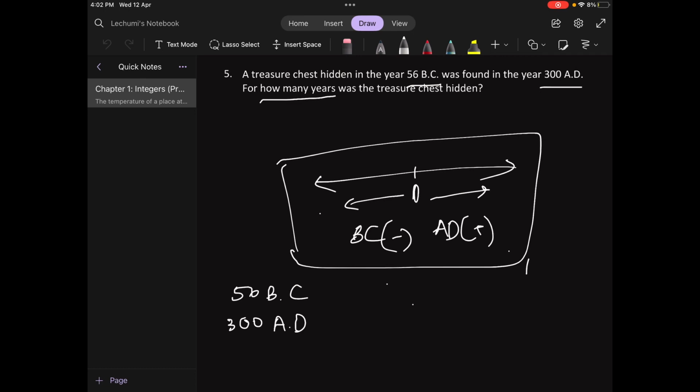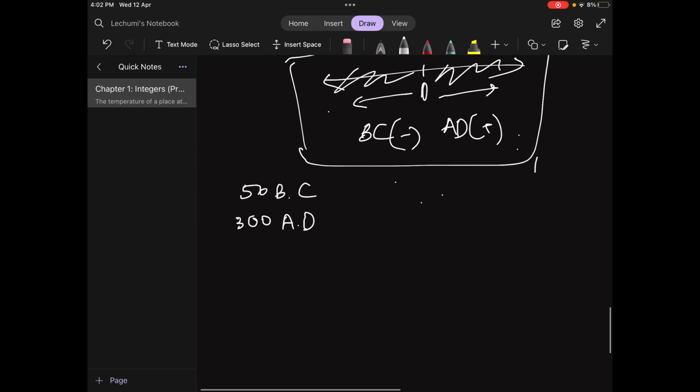So larger number here will be 300 AD because it is after Christ, and then 56 BC will be the smaller number, because it is before Christ. So what we're going to do now is we are going to write 300. Since it's AD, it will stay as positive, but we are going to minus 56 BC. Since BC is negative, we are going to write negative 56.